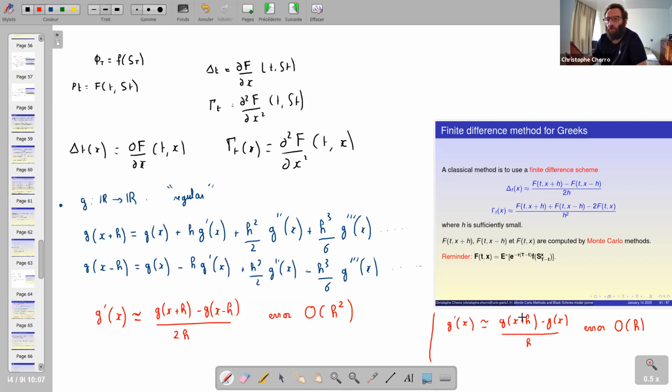I don't consider these two types of points at the same time. Here it's exactly what I do: I consider points that may be greater or smaller than small x, near small x, but greater and smaller. It's not what I do here. If I do this, I improve my error. So that's why, in general, we use this approximation for a derivative. And this is the justification of what I have written here.